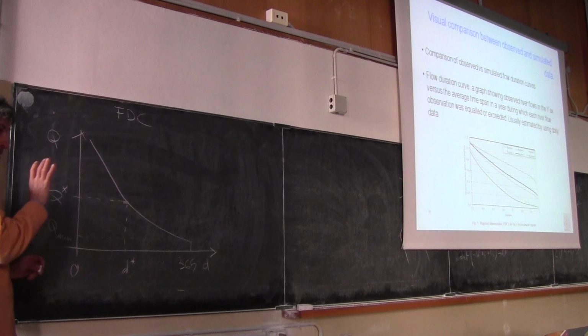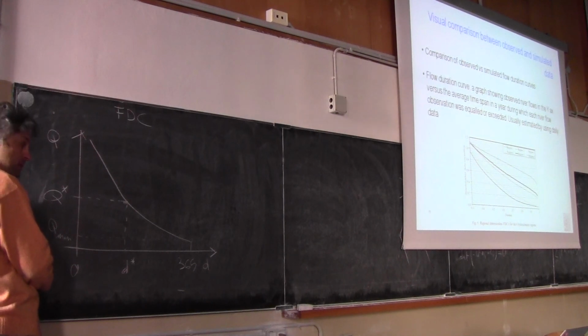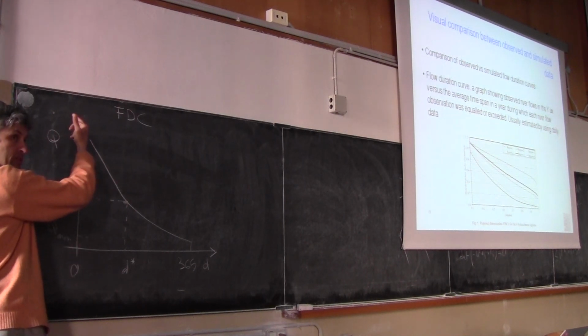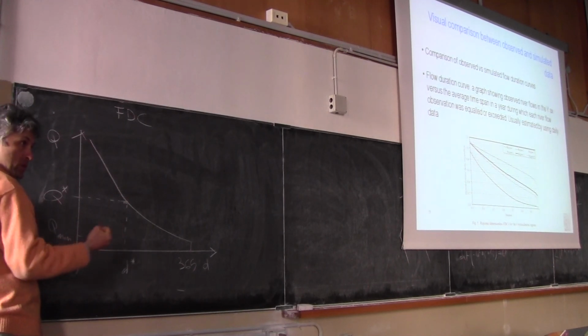Again, I stress the concept that if you want to draw the flow duration curve until a duration of 0, then the river flow tends to infinity. Sometimes you see a representation where people take as lower limit of the abscissa 1 day, because they are not interested in lower durations.